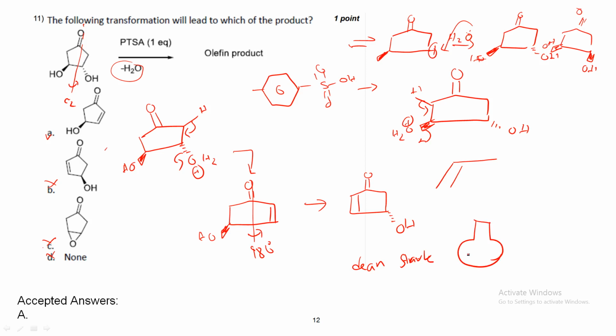Let's say you are doing the reaction over here, and heating conditions are needed for this kind of case. You are doing the reaction with PTSA, and your solvent is there. Now for this kind of arrangement, there is a setup like this.